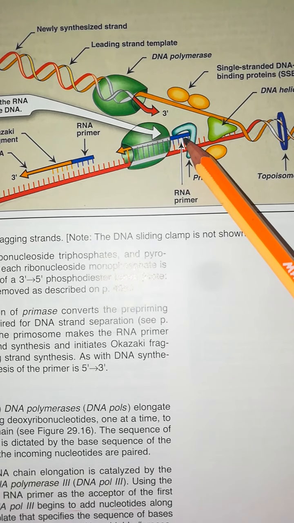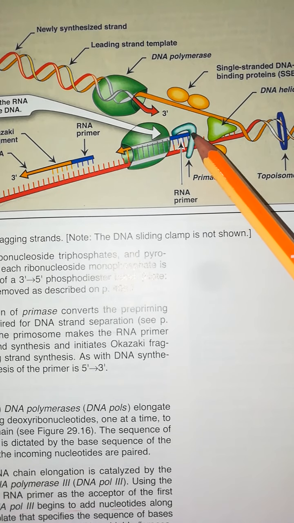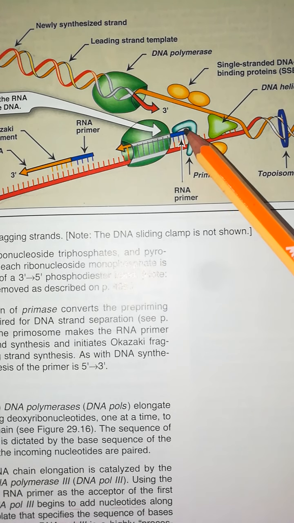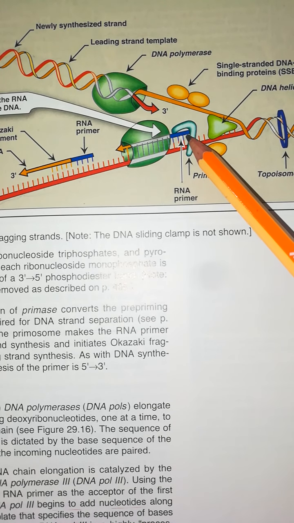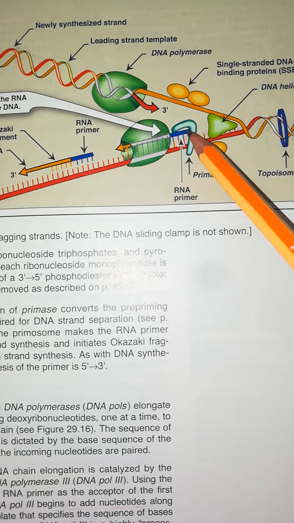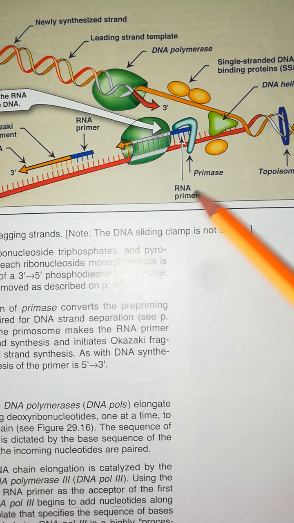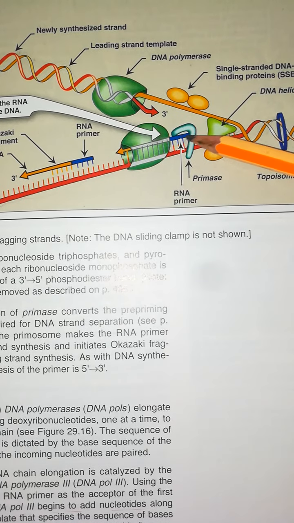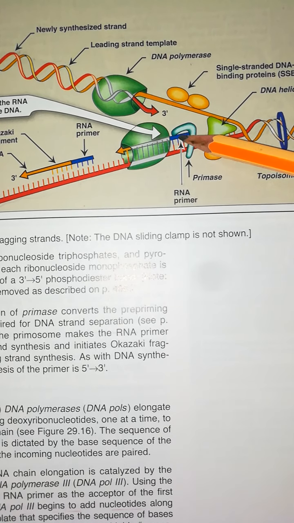The primer comes to the site of replication and recognizes the site of replication. We know the RNA primer is a strand of about 10 nucleotide bases. This RNA primer comes to this site and binds.